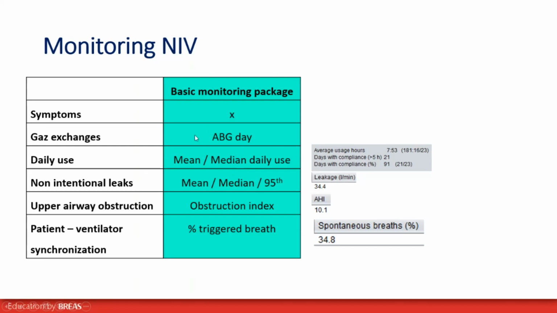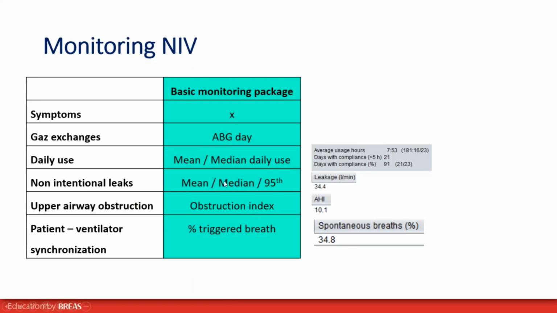Regarding the gas exchange, we should do an arterial blood gas during the day. Regarding the daily use, the minimum is to look at the statistics, so we can have the mean or the median daily use over a certain period of time. Regarding the leaks, we can also have the statistics of the mean, median, and 95th percentile of the total leaks or non-intentional leaks over a certain period of time.